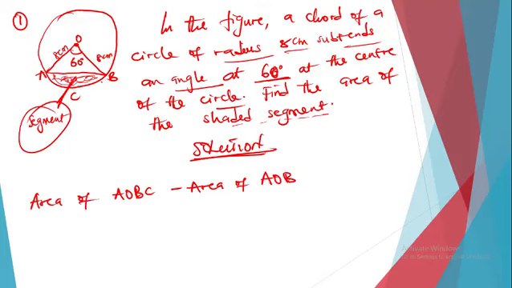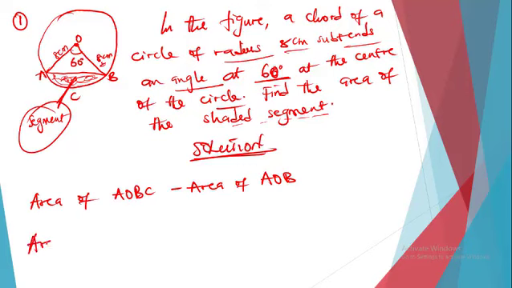So if we can find the area of the sector AOBC and the area of the triangle AOB, then we'll subtract the area of triangle AOB from the area of the sector AOBC. So let us start.